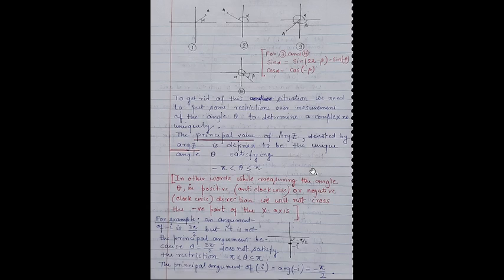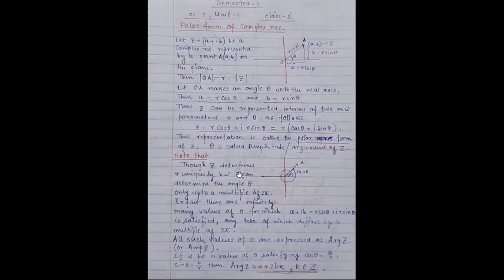So the values that come in this part and in this part, that means below minus pi and above plus pi, are definitely members of the general argument or general amplitude, but the only value that falls within this range minus pi to plus pi is called the principal value, and the value that falls here will be considered as the value of theta that we'll write here in the polar representation.